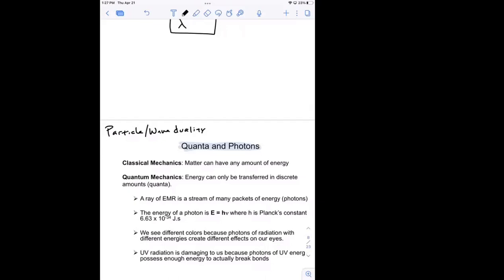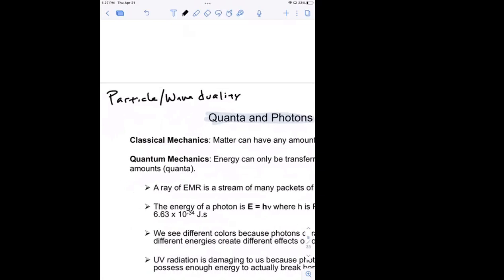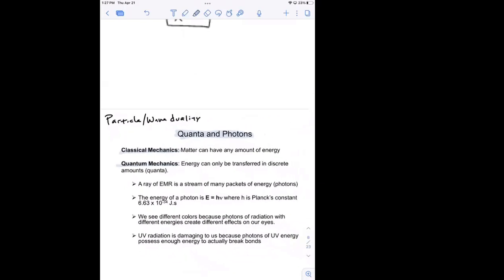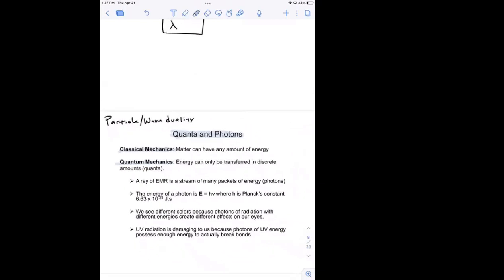And so this concept is basically a merger of what we call classical mechanics and quantum mechanics. Classical mechanics basically says that matter can have any amount of energy. It's limitless, how much energy matter can contain.